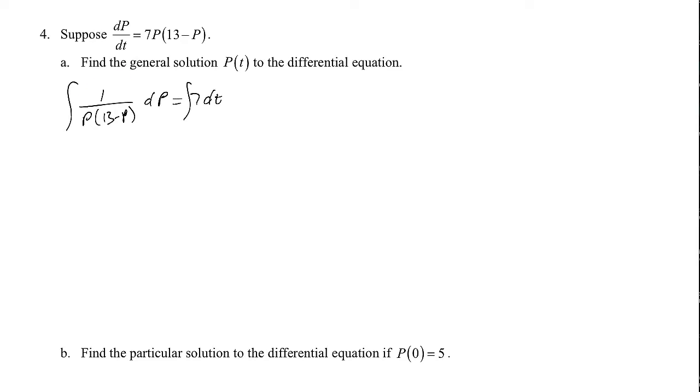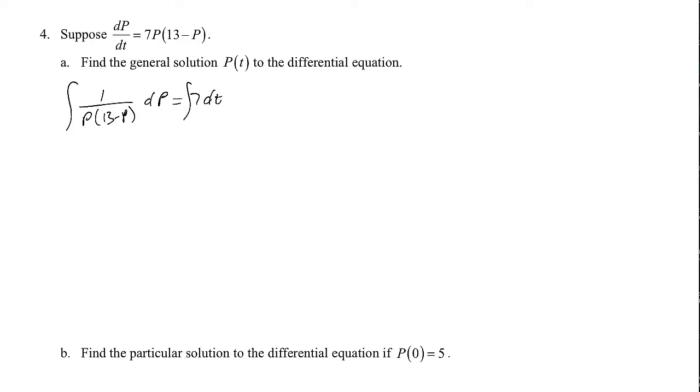Now on the left-hand side, something important to notice is that I can do partial fractions decomposition to separate those, what we were doing in 8.5. This can get me to 1/13 times (1 over p plus 1 over 13 minus p) dp equals 7t plus c.